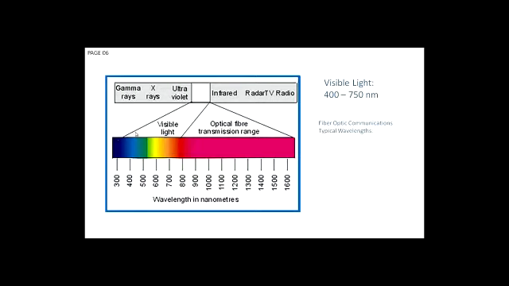Now higher frequencies would be ultraviolet light. So the light is going to go more blue, more blue, more blue into violet until the point that we actually can't see it anymore, but it's still considered a light.